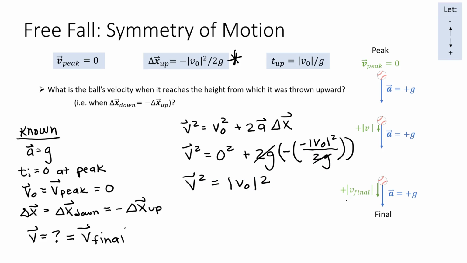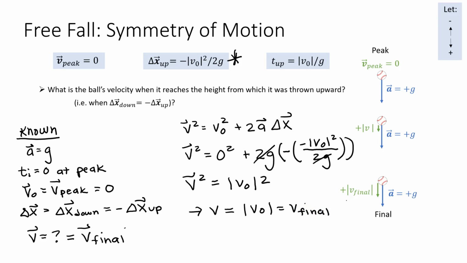I can take the square root of both sides of this equation. That will really only tell me the final speed. When you take the square root, you only get the magnitude. The sign kind of disappears, and so you get v equals the magnitude of v naught. And this was v final, I should have written that, sorry.